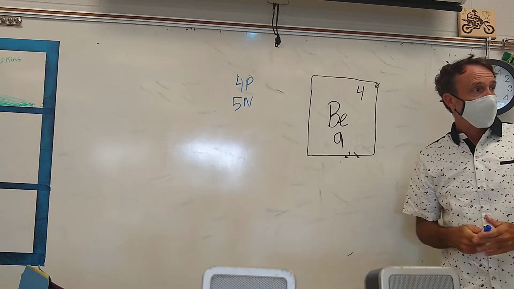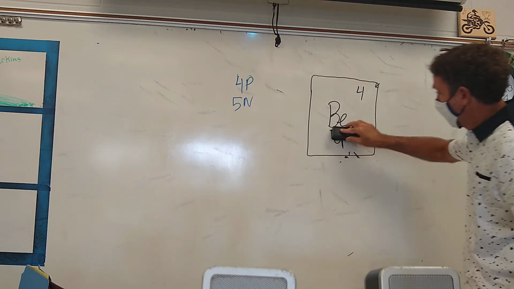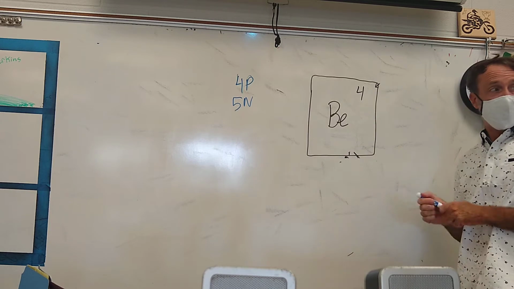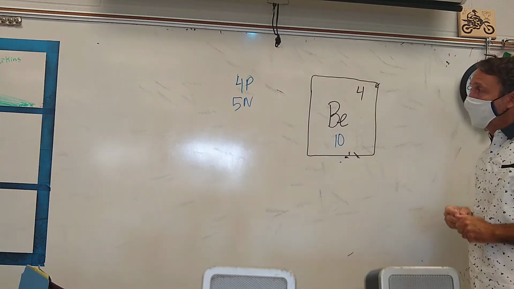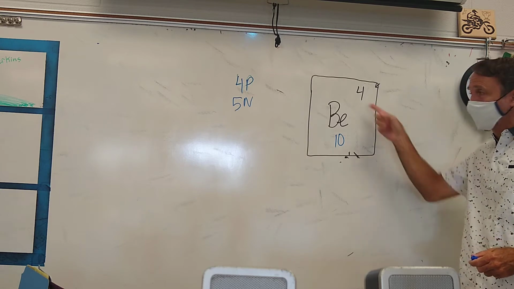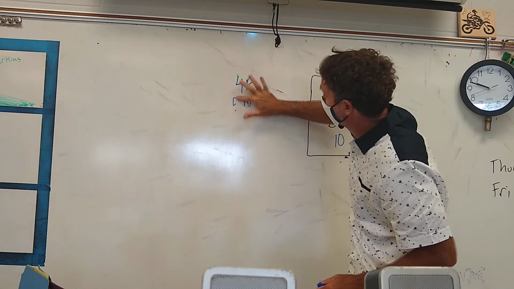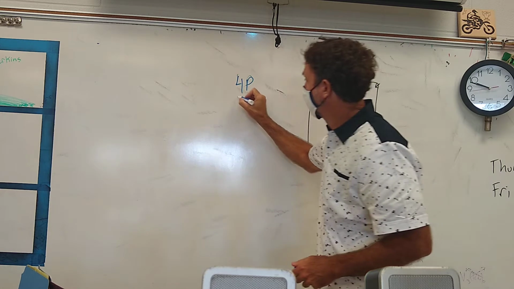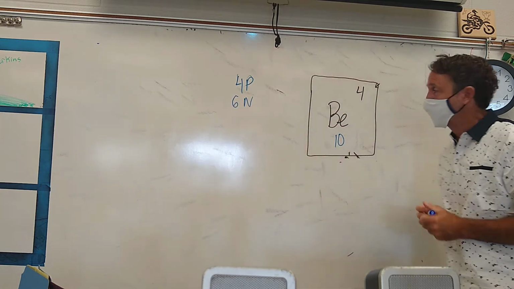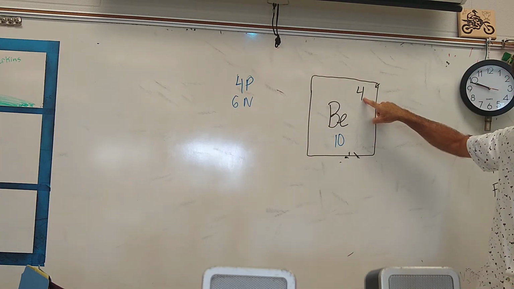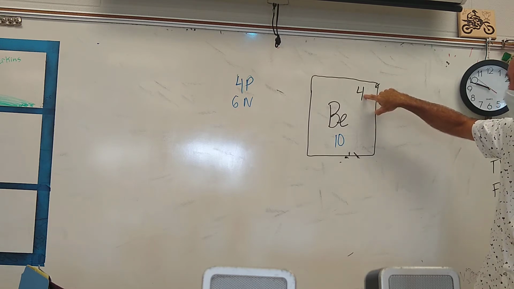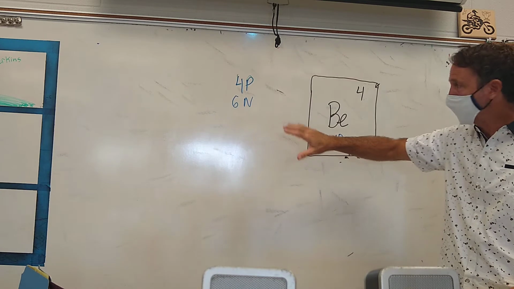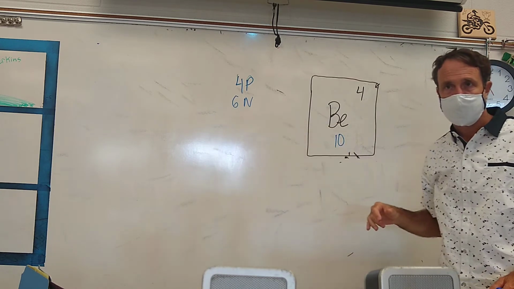But guess what? There are other atoms of beryllium that have an atomic mass of 10. And those atoms are still beryllium, but they have, guess what? 6 neutrons. Now the difference between this beryllium, which has 4 protons, and the other one is just the number of neutrons.